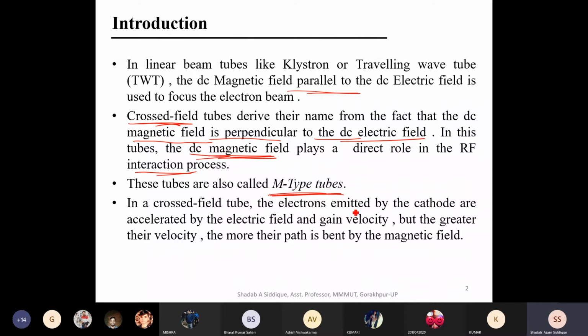In a cross-field tube, the electrons emitted by the cathode are accelerated by the electric field and gain velocity.